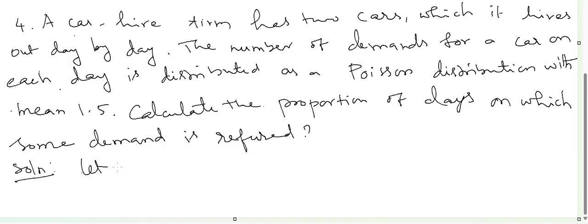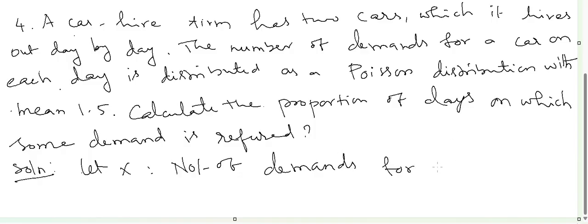Let X be the number of demands for a car. X follows Poisson distribution with parameter lambda.